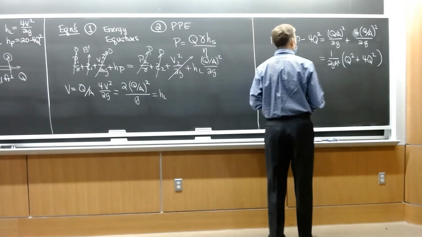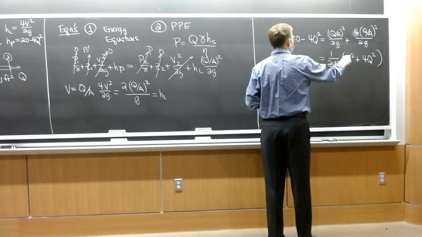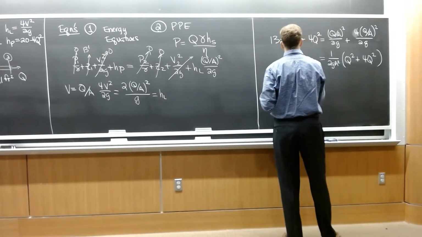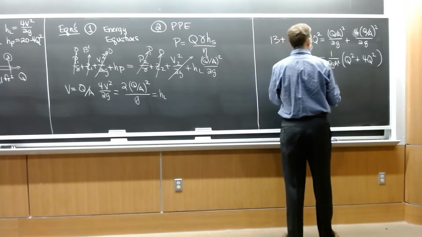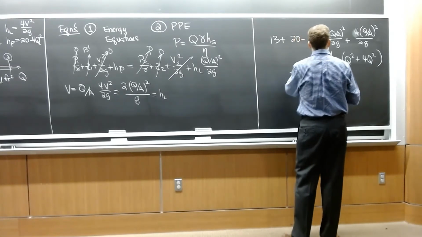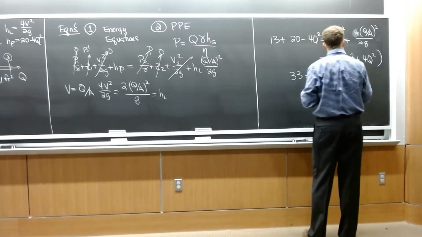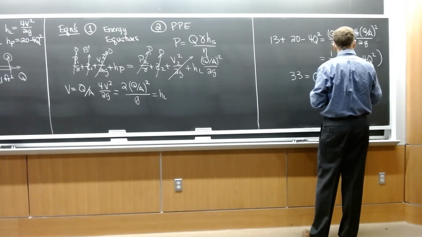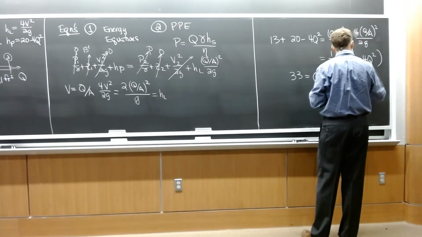So not so hard actually, because then we've got another 33 equals, moving this over, 4 plus 1 over 2GA squared times.